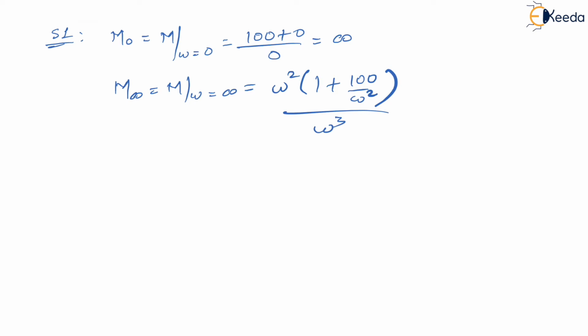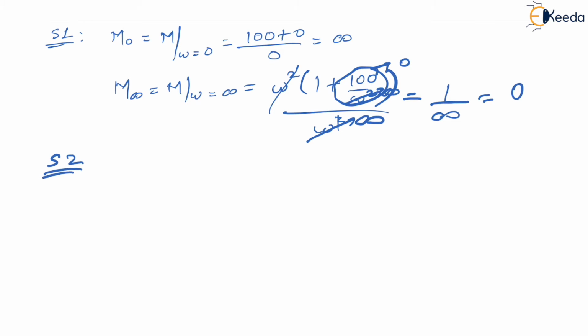If you take this omega squared and this omega cube, this one goes down. Now if you replace omega by infinity, this 100 by omega square becomes 0, so it is 1 plus 0, which is 1 upon infinity, which is equal to 0. So M infinity is going to be 0.